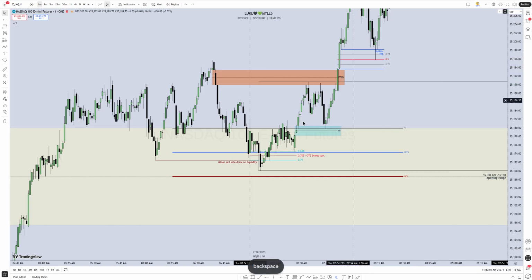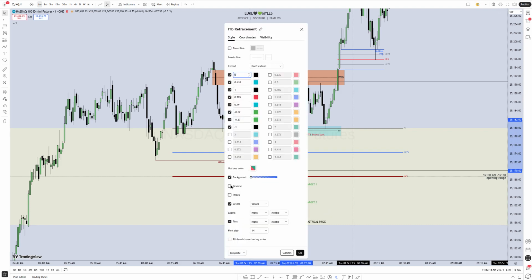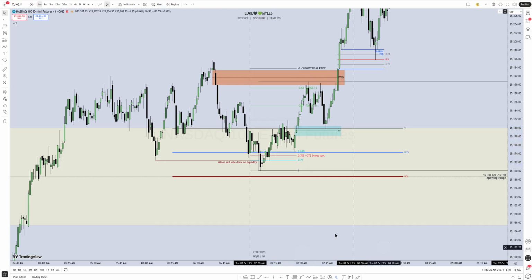So I'm marking from this high, as you can see, that candle's high to this low right there, marking my optimal trade entry. Let me show you where I marked. Let me reverse this, just like that. From that candle's high to the low, you have the market coming back and closing above these levels.